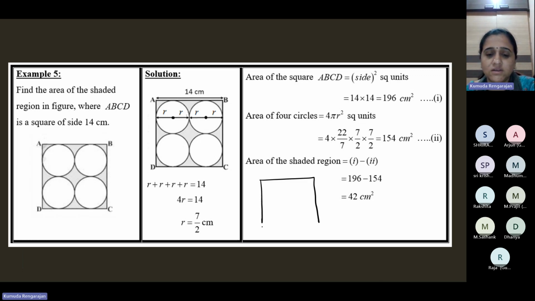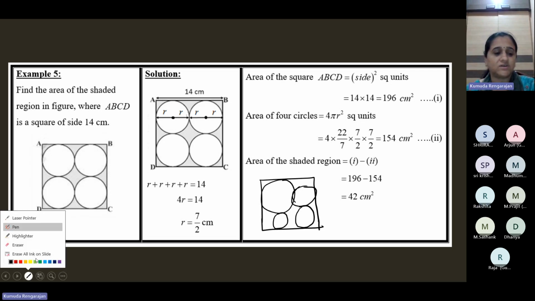If the circles are not congruent, supposing a big circle and a smaller one, all the circles will not touch each other.